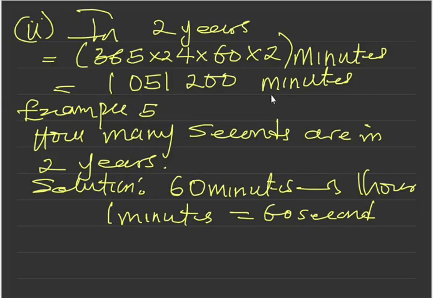So in finding the value for 2 years in seconds, since 1 minute is 60 seconds, instead of writing the minutes, you just write 1,051,200 times 60 seconds.